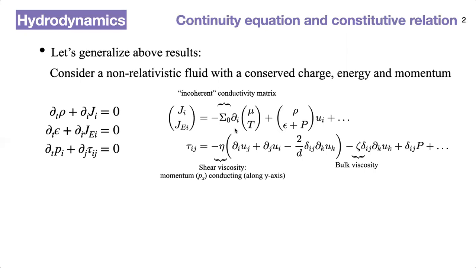Okay, so here I introduced the incoherent conductivity matrix as an extra part. This term describes the current that is not carried by the momentum, but carried by the fluctuation of chemical potential or the fluctuation of temperature. For example, if you are considering a relativistic fluid, like the charge neutrality point of graphene, we have electrons and holes. In that case, the electrons and holes flow in opposite directions, which means the momentum is zero.